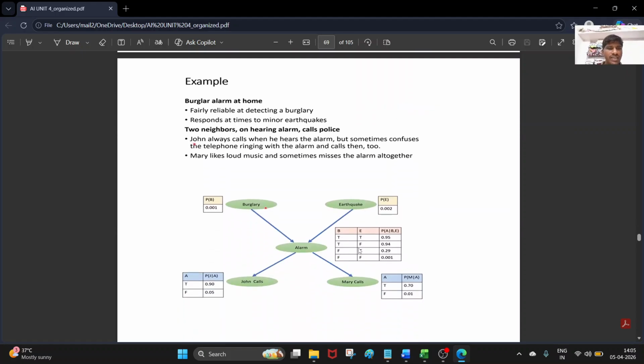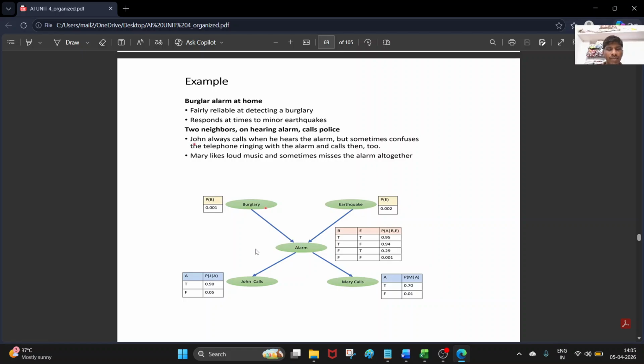So this is regarding the example, burglary at home. We can consider this example. There are old people going to their son's home. They have an alarm. This alarm will ring when a burglary has occurred or an earthquake has occurred.